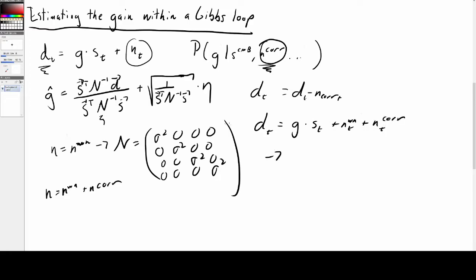And that means that our covariance matrix is given by a white noise covariance matrix, like this one, and a correlated noise covariance matrix. And this covariance matrix is not as well behaved as this. It has a lot of non-diagonal elements, and that means that the matrix operations here become a lot more expensive. And that's the cost of marginalizing over the correlated noise, is that we have to take into account a more expensive noise covariance matrix.